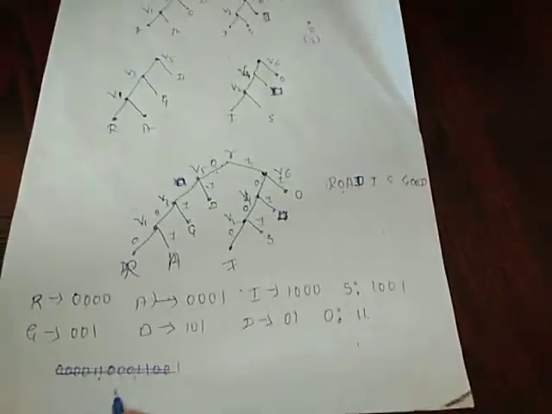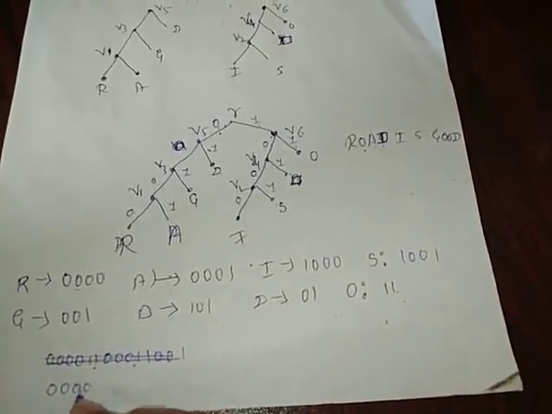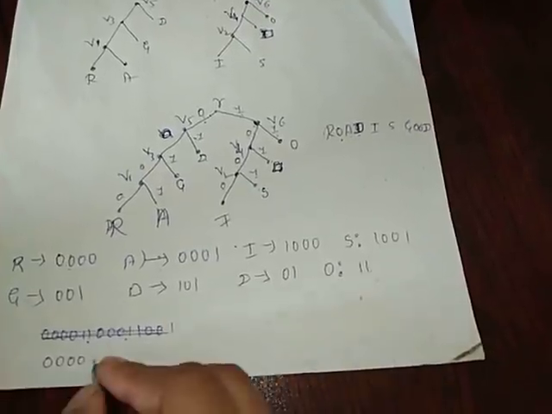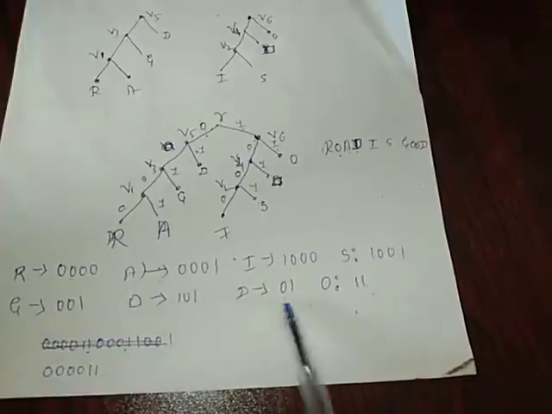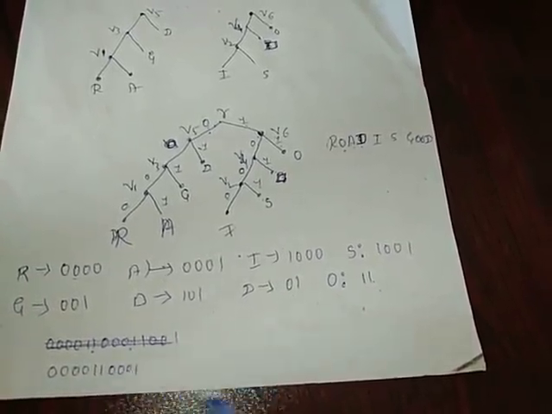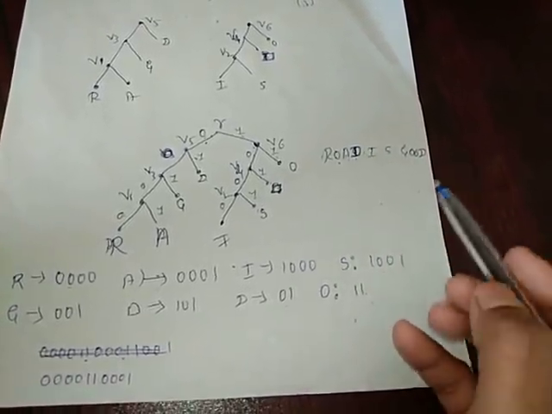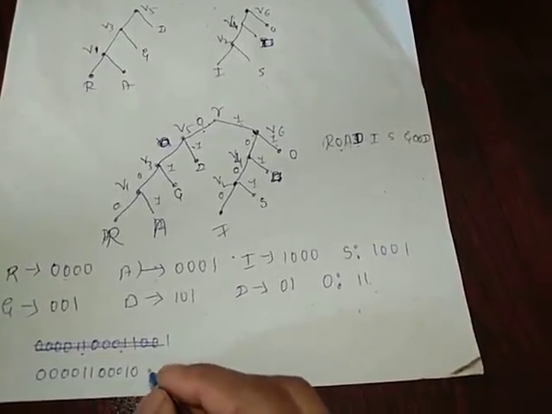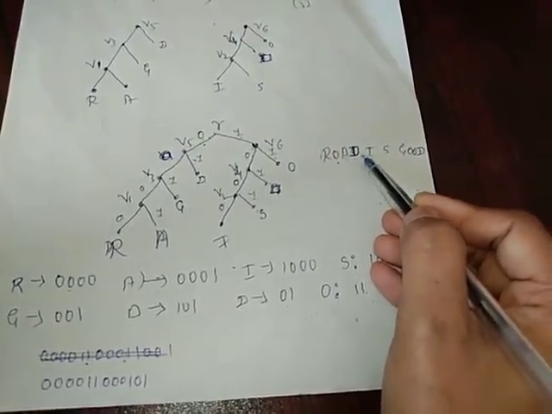Road is good. For the R we have a code 4 times 0. For the O having the code 2 times 1. A having the code 3 times 0, 1. D having the code 0, 1. Now blank space.